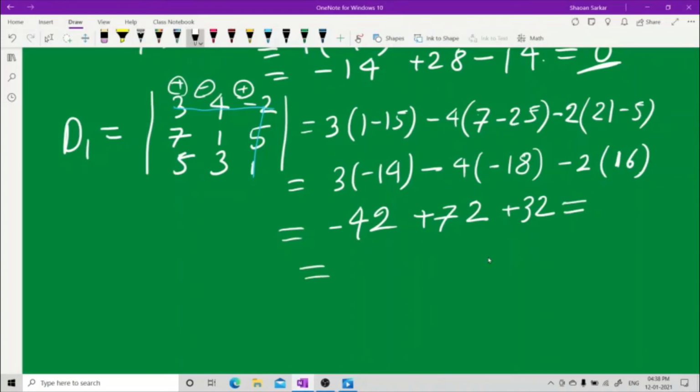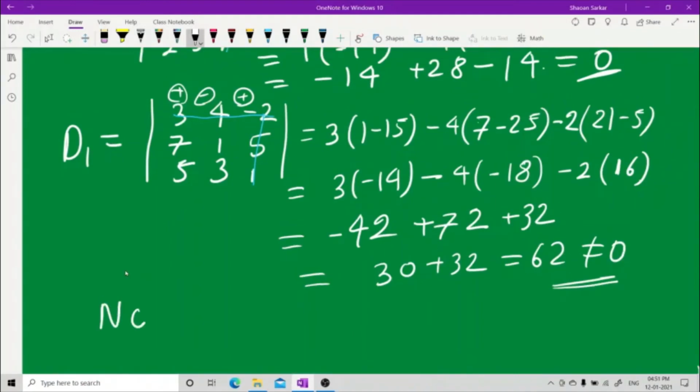So this comes out to be 30 plus 32, and this is 62, which is not 0. See, one of them is not 0. No solution. You need not check D2 and D3.